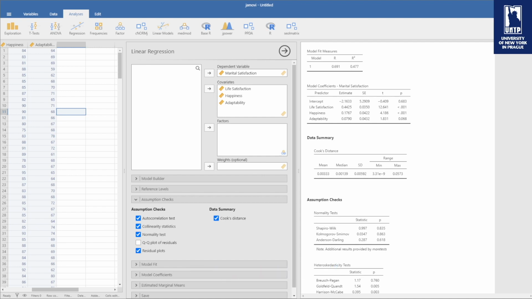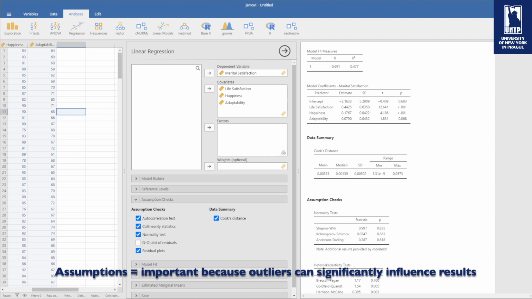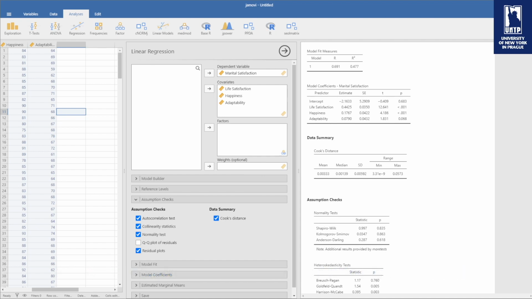In our case, it's good, it's 0.0573, and hence our assumption of outliers is not violated. Outliers can have a big impact on regression models by influencing our results. This is why we have these assumptions.